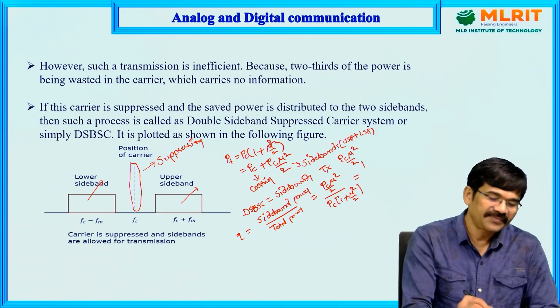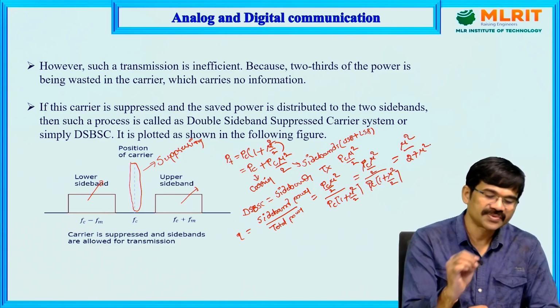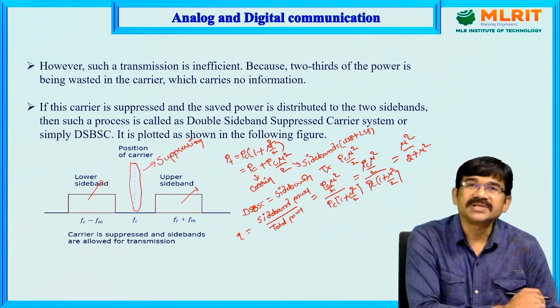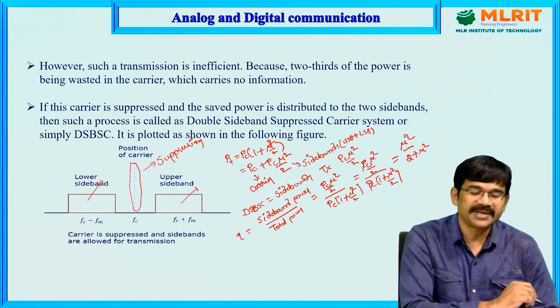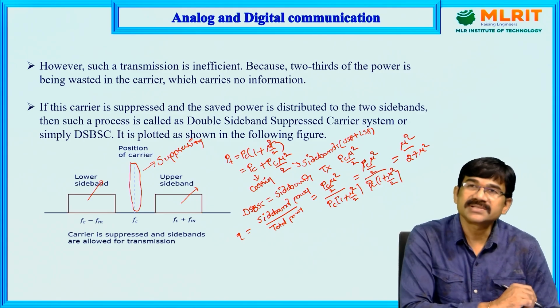If we substitute, PC mu square by 2 divided by PC times 1 plus mu square by 2, the PC will cancel. So I write this expression as mu square by 2 plus mu square. The power efficiency of the DSBSC or AM can be represented as mu square by 2 plus mu square.